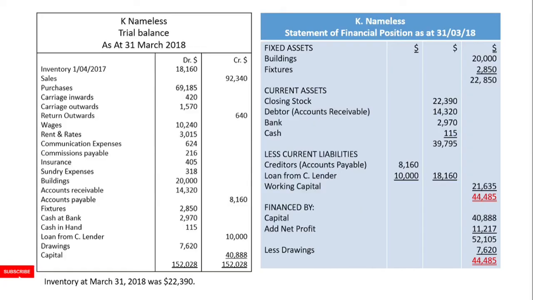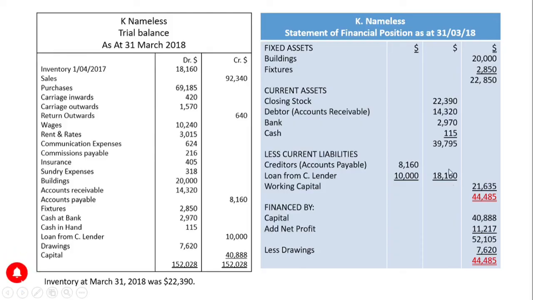Pretty straightforward. Moving on to the next heading now, which is less current liabilities. This is what I was talking about earlier. In the format, I only gave you one current liability, and when you have only one, you can just put it in the second column and do the subtraction. But now we have two current liabilities: a loan from a lender and creditors or accounts payable. So we are going to put them in the first column and add them. We get 18,160.